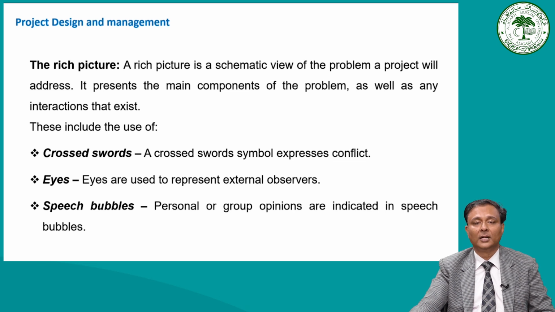This may include crossroads, which is the term that has been given. The crossroads symbol expresses conflict. It is used to indicate the differences between phenomena which are in close proximity and compete with each other.